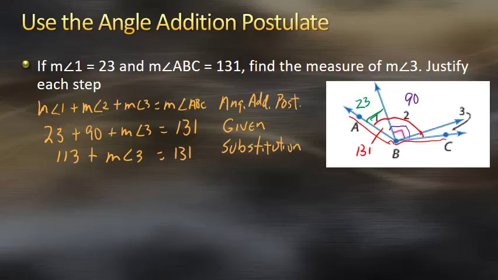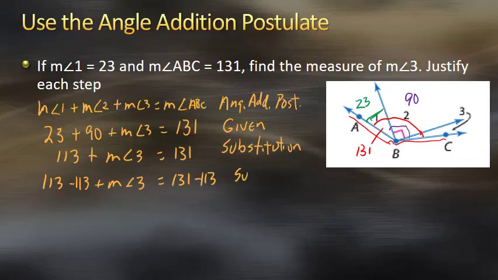All right, let's see. If I take 113 and I subtract it from both sides, let's do it like this. 113 minus 113 plus the measure of angle 3 equals 131 minus 113.